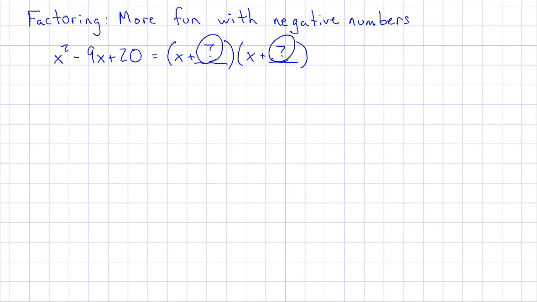What are they? Well, when you're working problems like this, if the coefficient before the x is negative and this last value here is positive, I know that both of these are negative numbers. This is the nature of negative values, or of the way we multiply numbers.